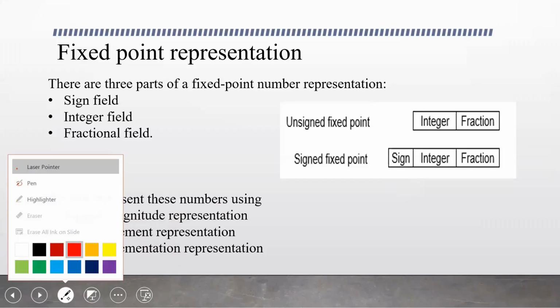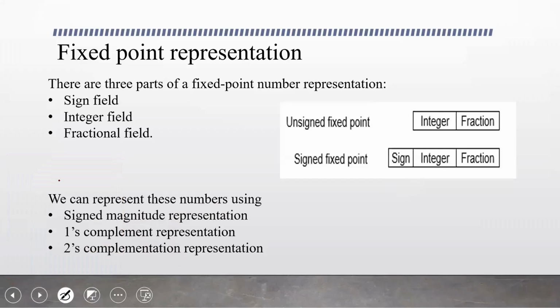Signed magnitude representation: if the number is 101, and if it is a negative number, how do we write 101? This is a number, right? It is 5 positive, and negative 5 is -5. And the 1's complement representation of this number, can you tell me? 0101. 1010.